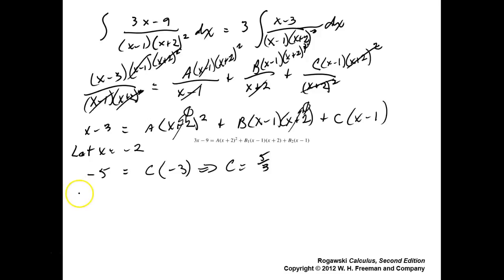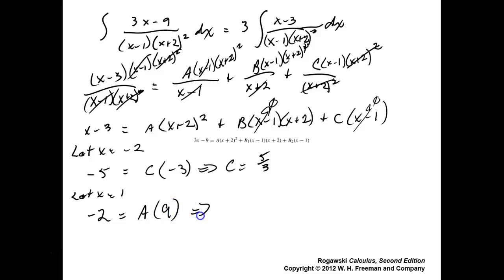Next, let x equal 1. What does the left-hand side become? Negative 2, which is equal to, okay, let me go back and unmark what I marked out. When x equals 1, this goes away and this goes away. What are we left with now? A times 9.